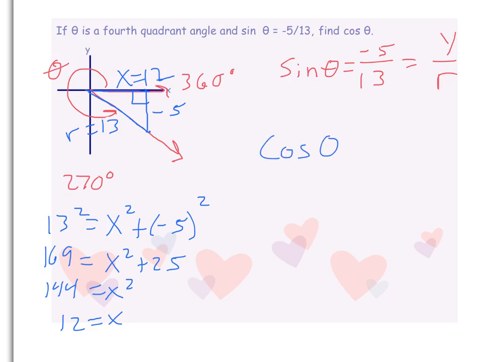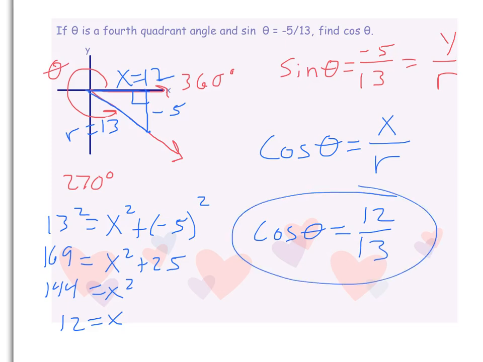Well, now I'm in good shape because cosine of any angle that is drawn on a coordinate grid in this manner is always x over r. X is 12, r is 13.